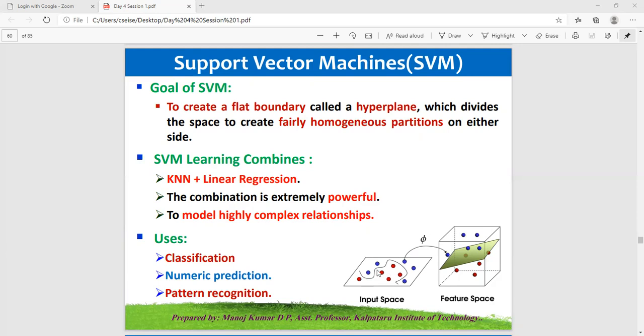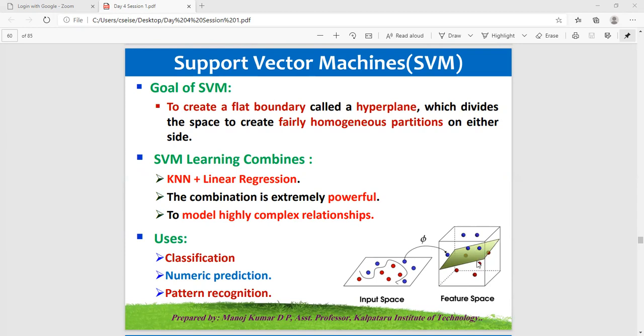Now you see in this diagram, this is the input space. You have red colored samples as well as violet colored samples. Now I represent that in the form of a 3D representation. First you have all the red at the bottom, and at the upper level you have all the violets. All red form a homogeneous partition, and all violet also form a homogeneous partition.